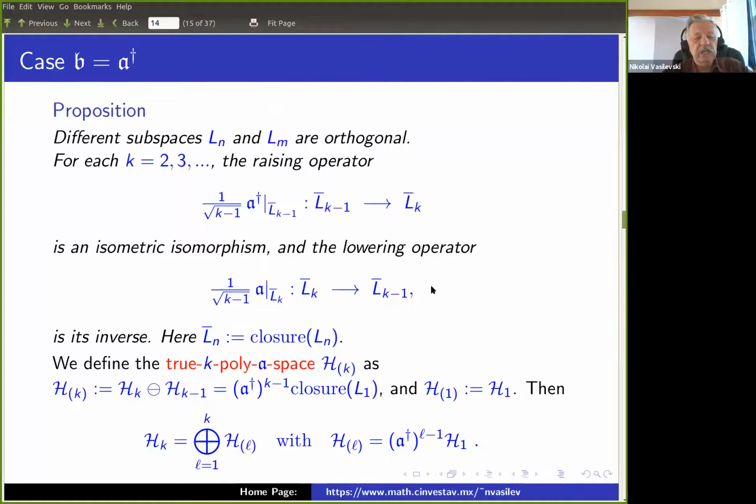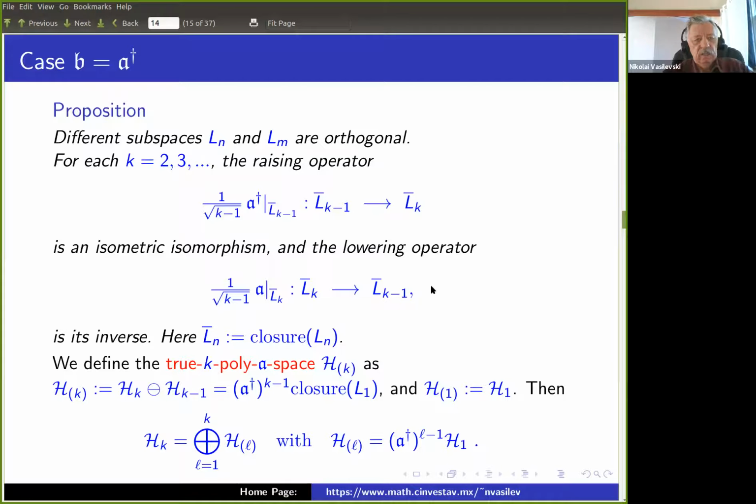A particular case, as we saw in the examples, when the operator B is adjoint to A, so when B is A dagger, gives much more interesting and important properties.